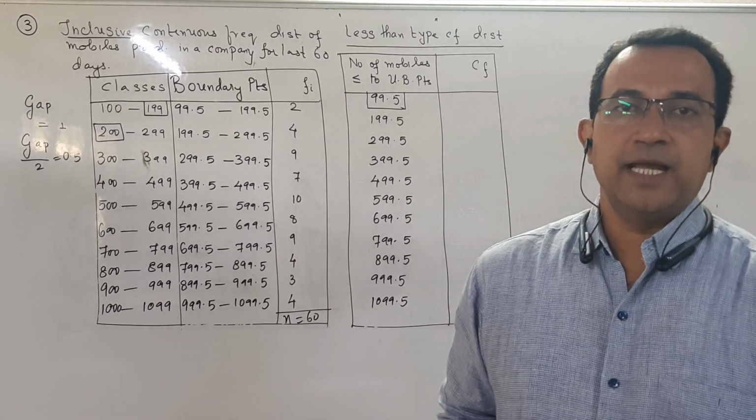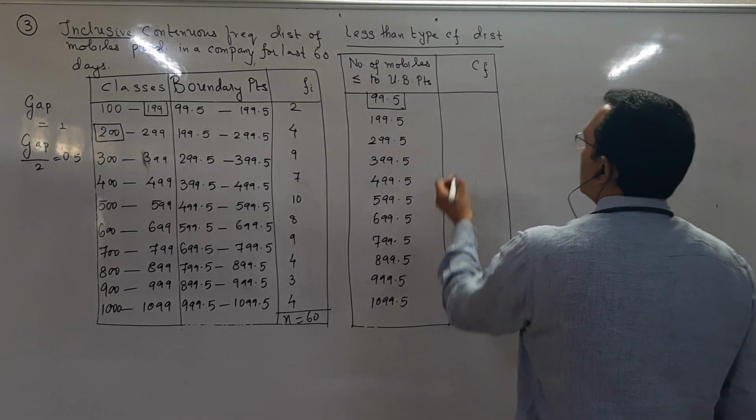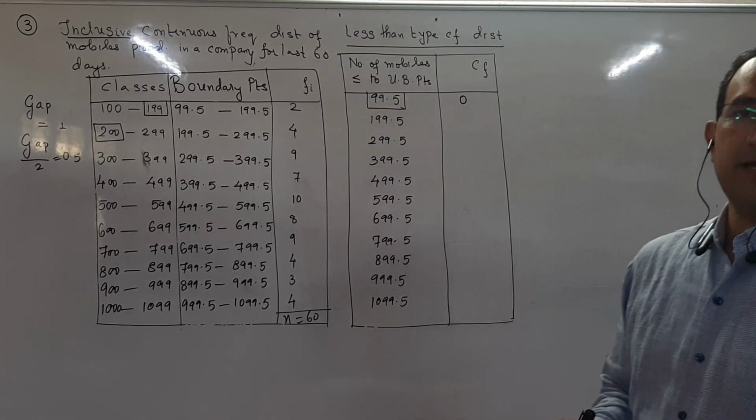And in less than type, we start with cumulative frequency 0, because there is no value less than 99.5.